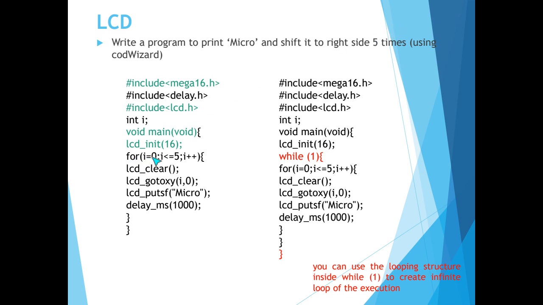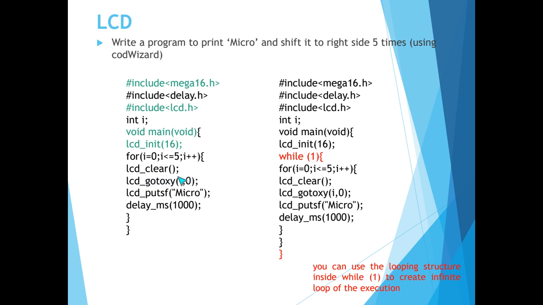For i equals 0, this is the initial value of the for statement, and this is the condition, i less than or equal to 5. Why 5? Because it wants to shift it to the right side 5 times, and in each step, the integer i increases by one. Then the curly braces are opened and lcd_clear.